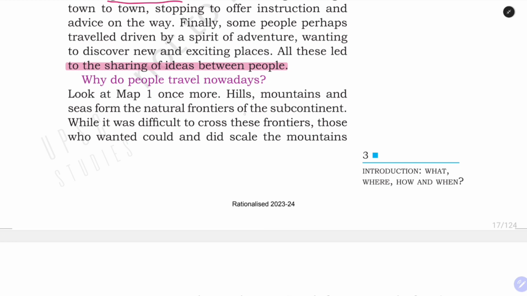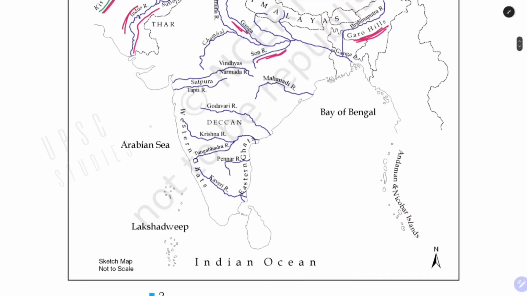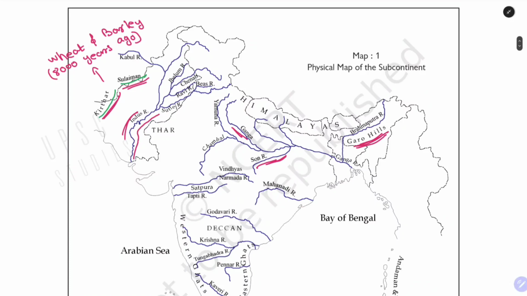We know that the hills, mountains, and seas form the natural frontiers of the subcontinent. It is difficult to cross these frontiers. You know that here we have the Arabian Sea, the Bay of Bengal, and when we come to the north, we can see the Himalayas.